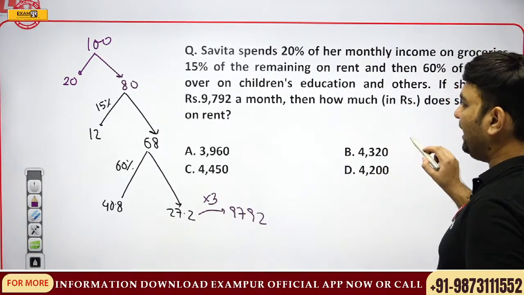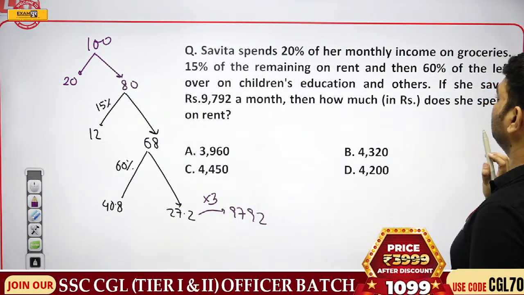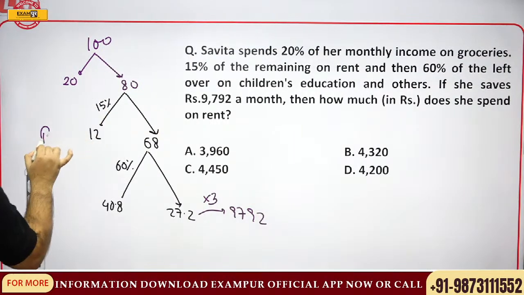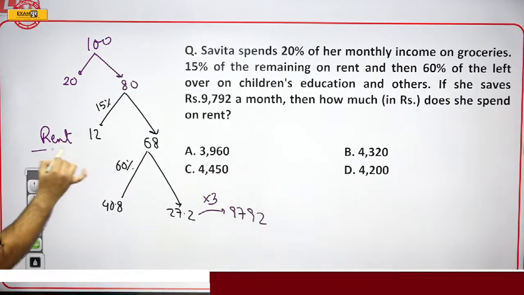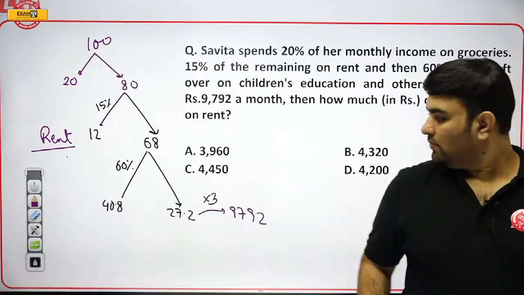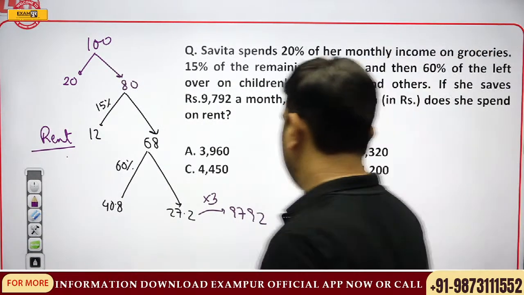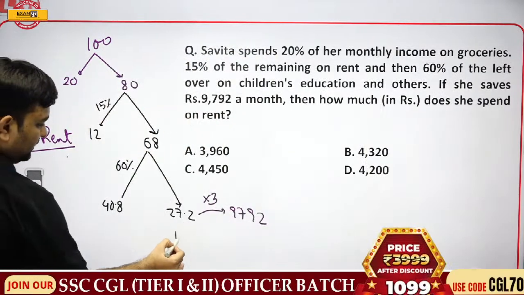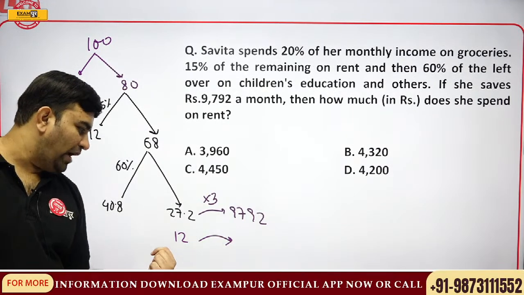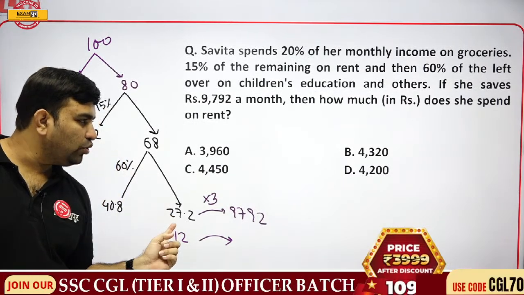The question asks how much she spends on rent. 27.2 is given and 12 is being asked. Can I say it is quite less than half?